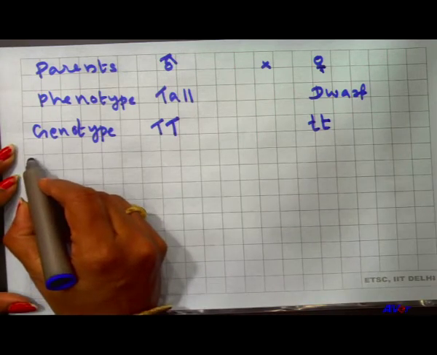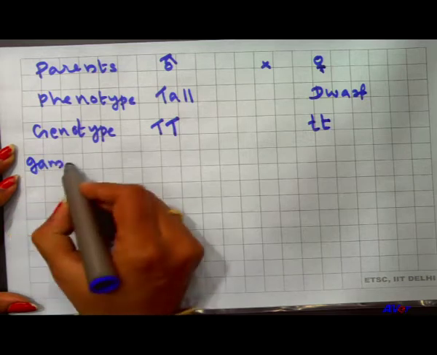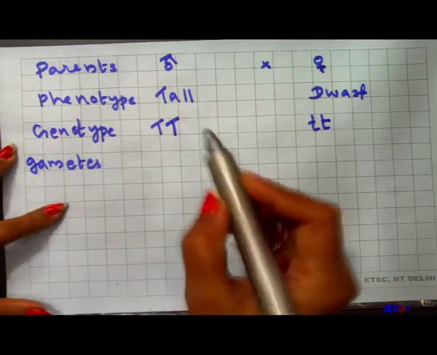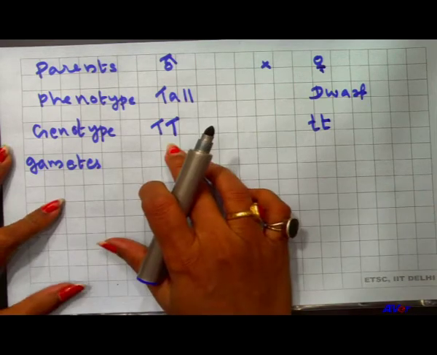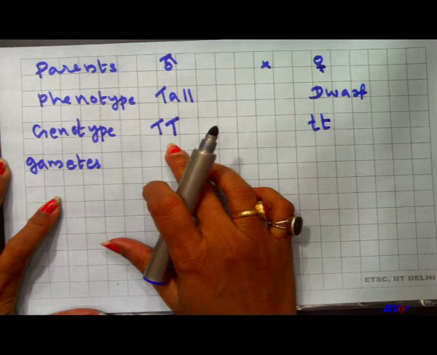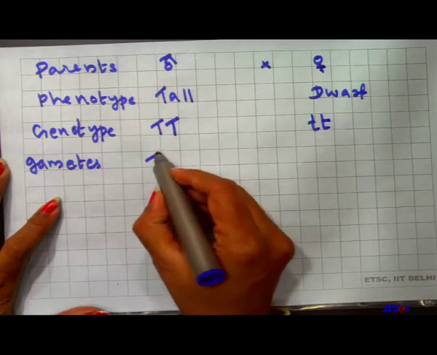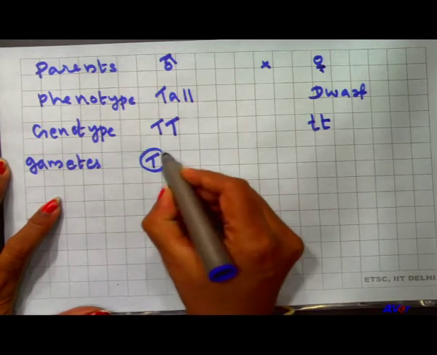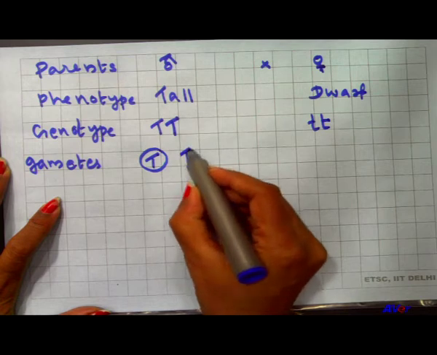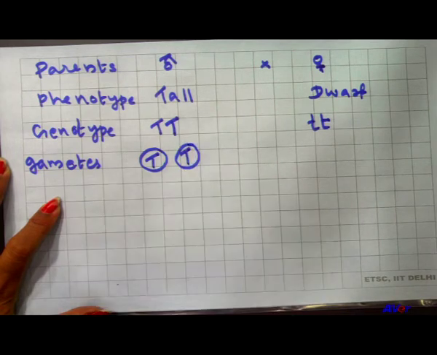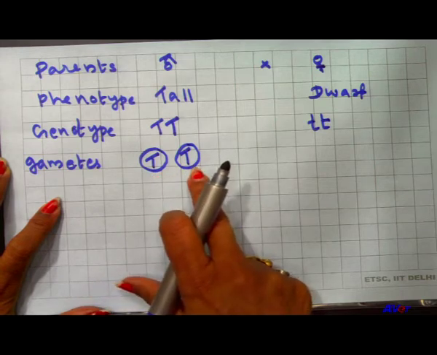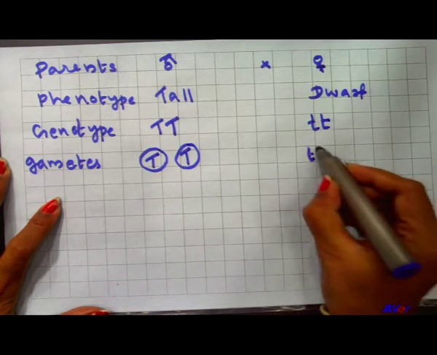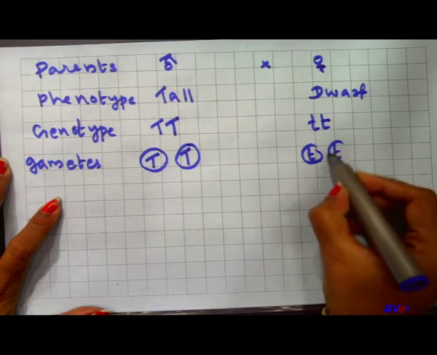Now, next comes the gametes. During gamete formation, the pair of genes, alleles, will segregate and move to 2 different gametes. So, accordingly we will get 2 gametes here represented as capital T, capital T. Here it is small t and small t.